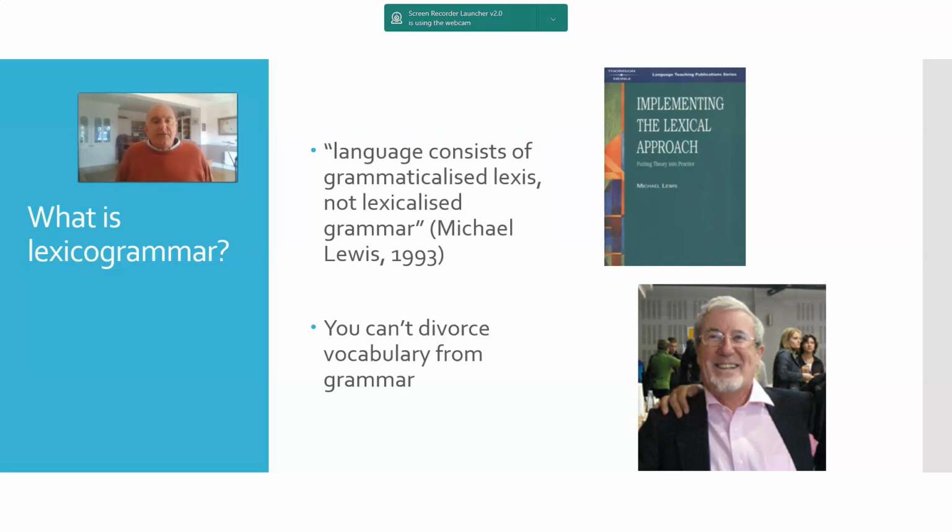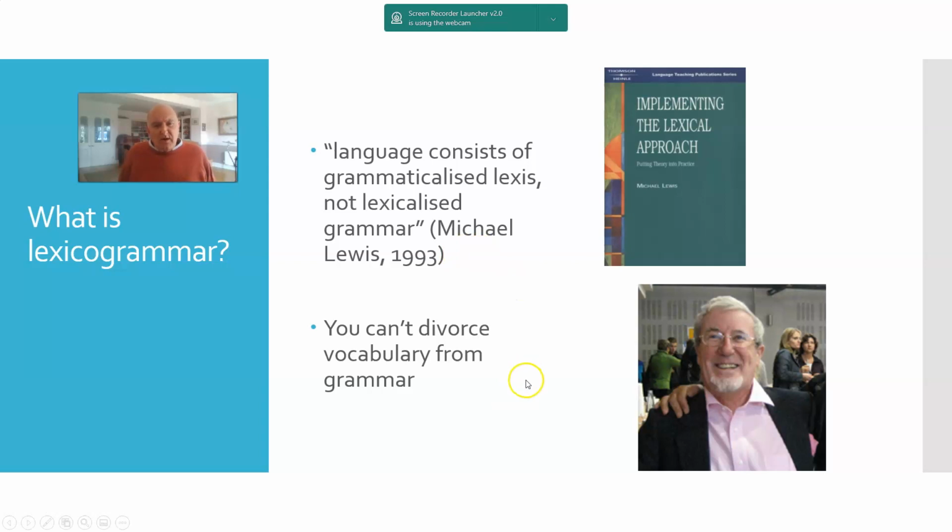If I gave an example from French, if we took the word beau, meaning beautiful or handsome, good looking, we know that beau can come in various forms. It could be belle, feminine singular. It could be beaux with an X on, masculine plural. We've also got a noun, beauté, beauty. So one word has a grammatical role as well as just a meaning. So essentially, you can't divorce vocabulary from grammar.